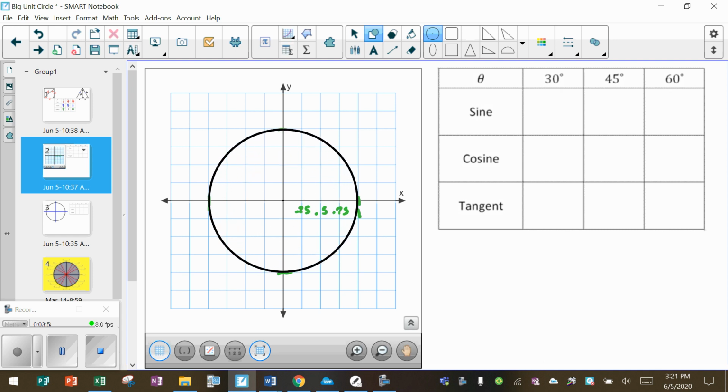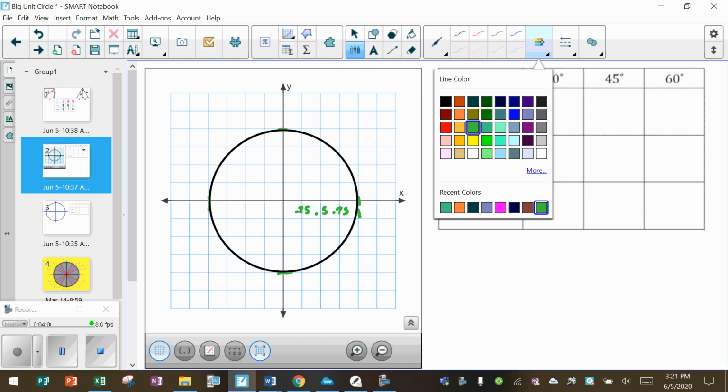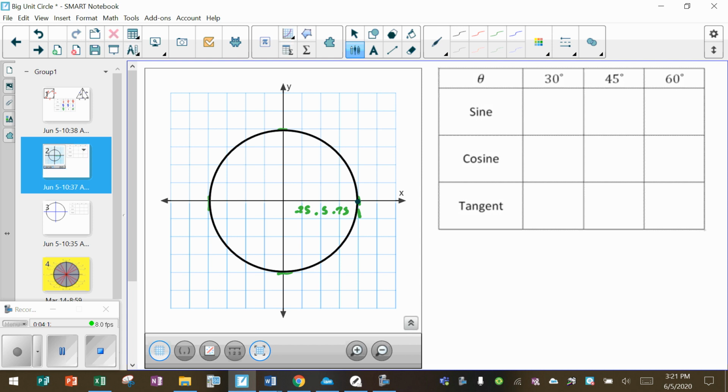And there's my circle. So my circle has a radius of 1. What we're going to do is look at the coordinates of the points that are on this circle. Starting with our x-intercept in the positive x direction, because our radius is 1, that has a point of (1, 0).